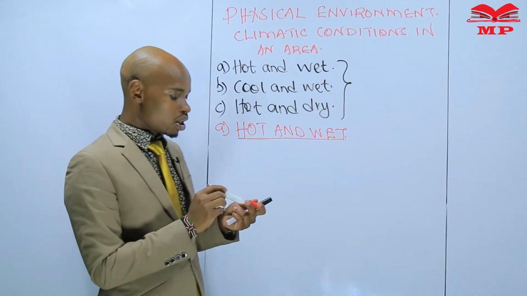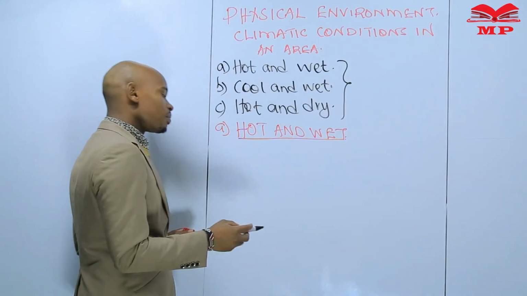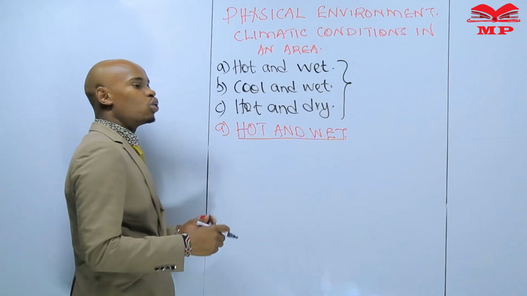Our concern now is to know what exactly will tell us that an area experiences hot and wet conditions. And this one is very simple. You just require to look at the map.